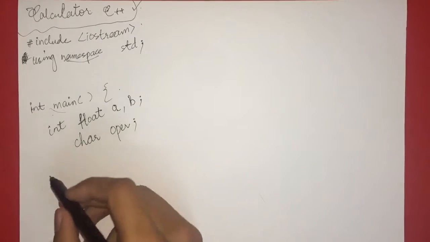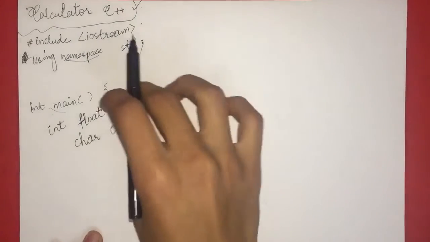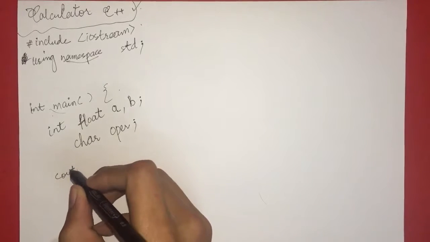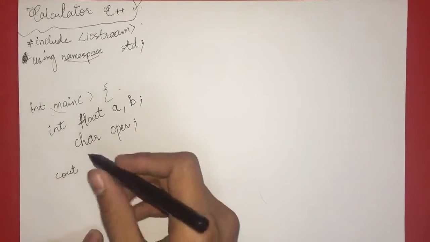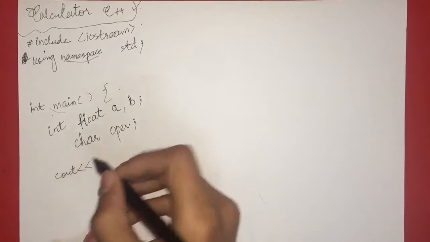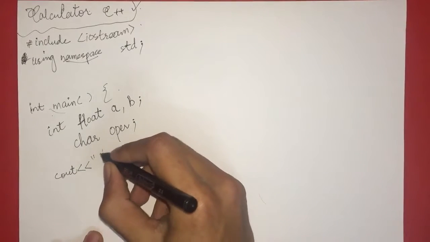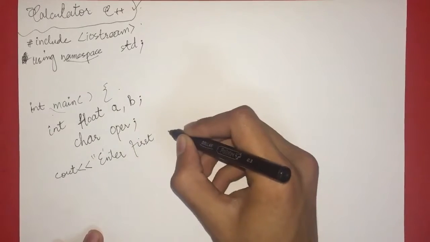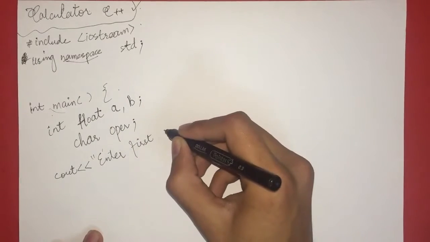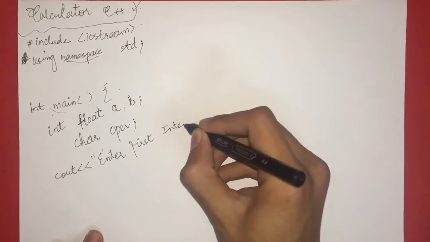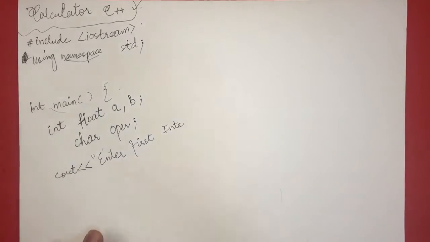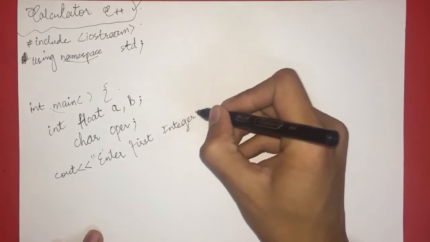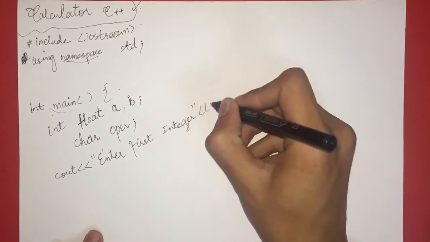these two are our operands. Now we are going to output cout, enter first number, endl.